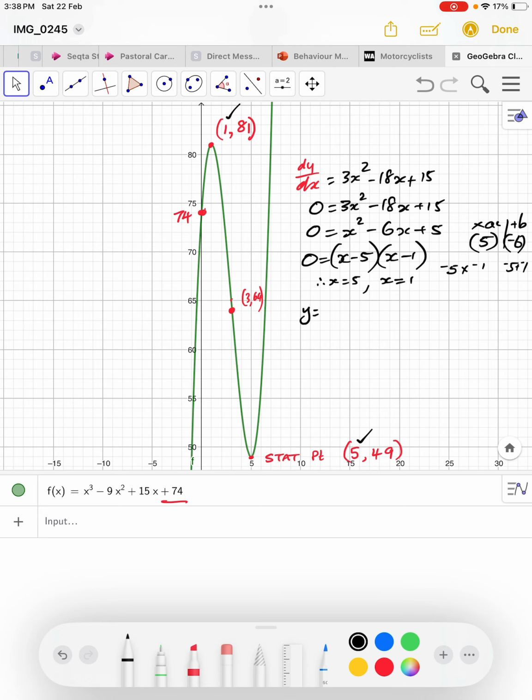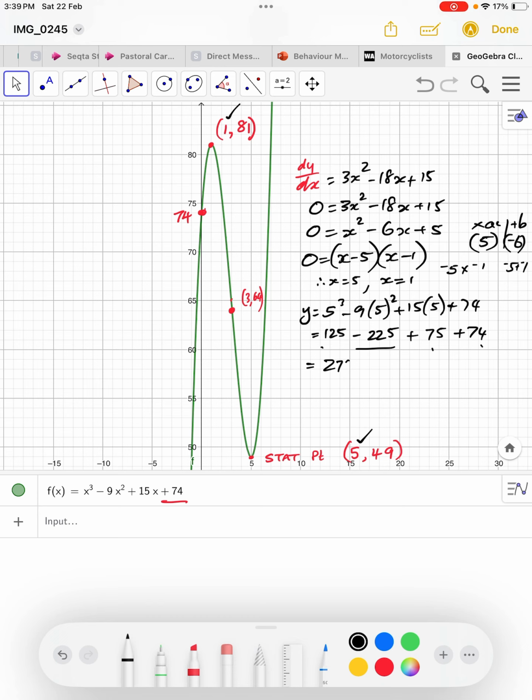Substitute at 5: 5 cubed minus 9 times 5 squared plus 15 times 5 plus 74. So we've got 125 minus 225 plus 75 plus 74. So we've got down 225 and up 274.